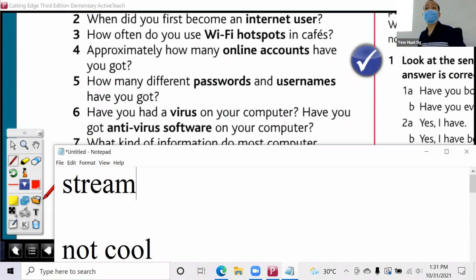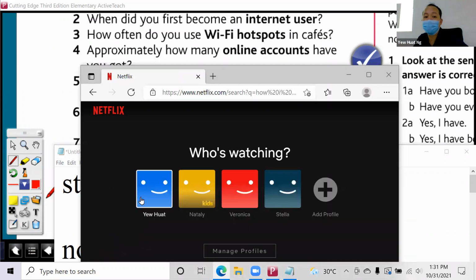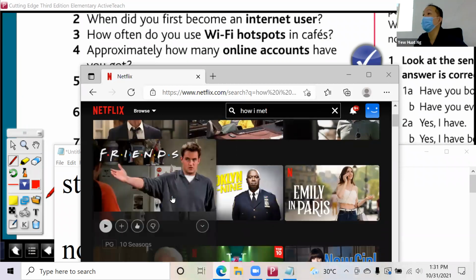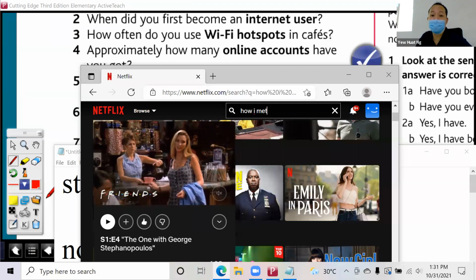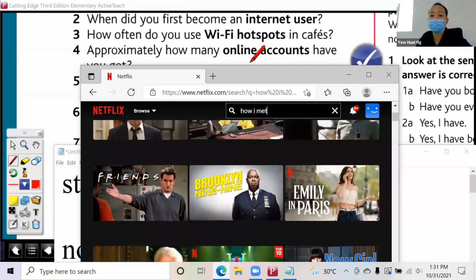Remember, a long time ago, you needed to download the whole movie. Maybe you needed to wait like 1 hour or half an hour. Once the whole movie is downloaded, then you can watch. Now, like with Netflix, I just showed you Netflix. Again, it's streaming. As you're watching it, it's downloading. Okay, that's called streaming.